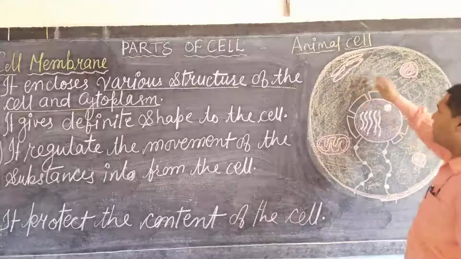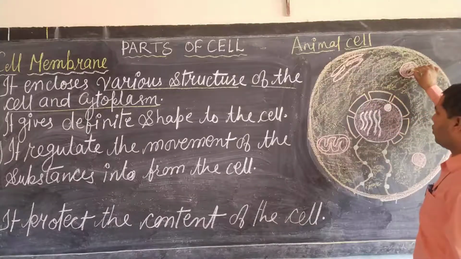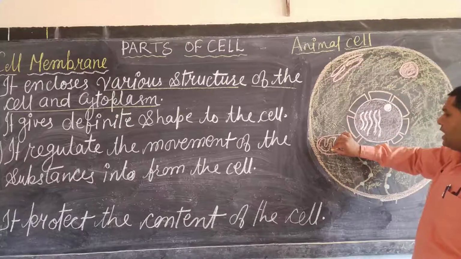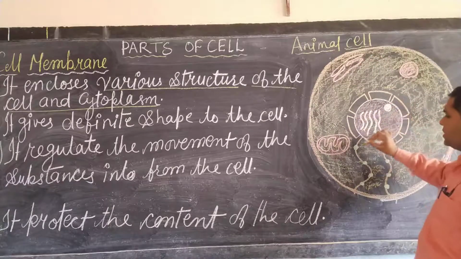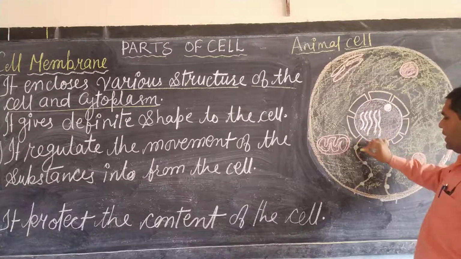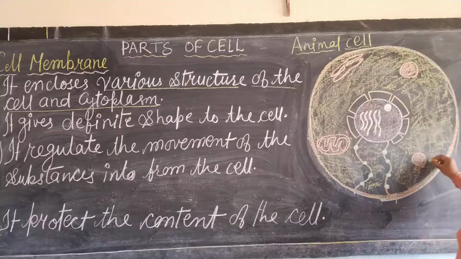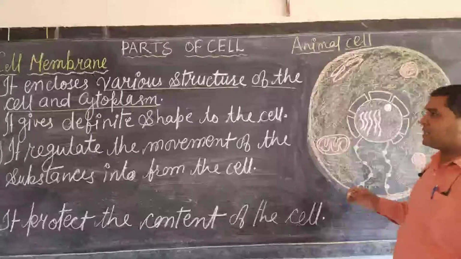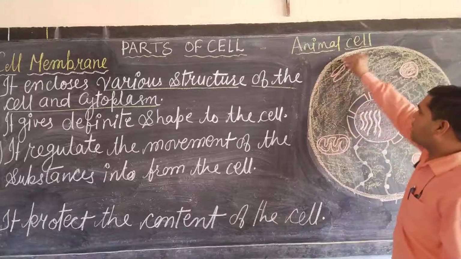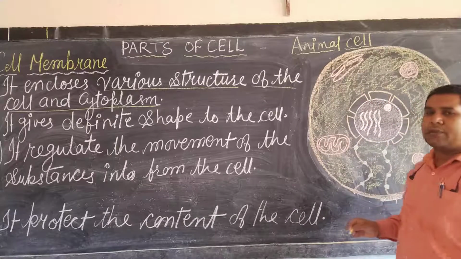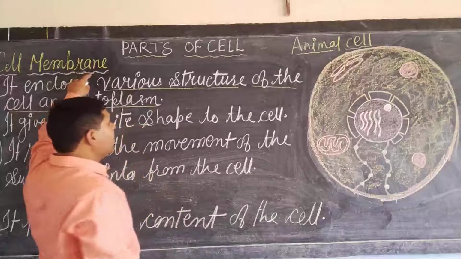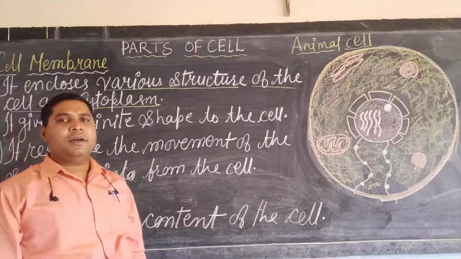Various cell organelles like centrosome, Golgi body, mitochondria, nucleus, ribosome, endoplasmic reticulum, lysosome, and many more. All these various structures are protected by an outer membrane known as the cell membrane or plasma membrane, dear students.